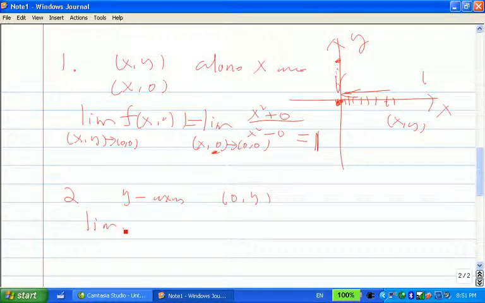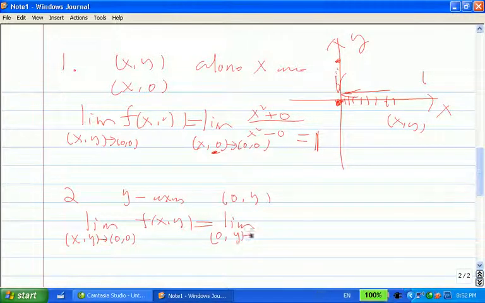Therefore, along this special path, x is always 0 and y is changing. Your f(x, y) becomes 0 minus y squared over 0 plus y squared. Now y goes to 0, but not equal to 0, so you can cancel this to give you minus 1.